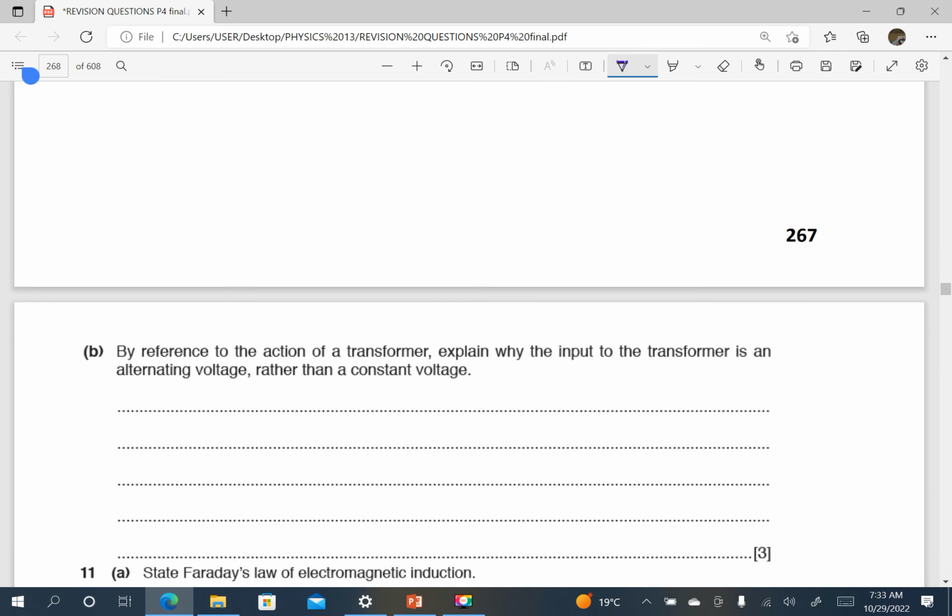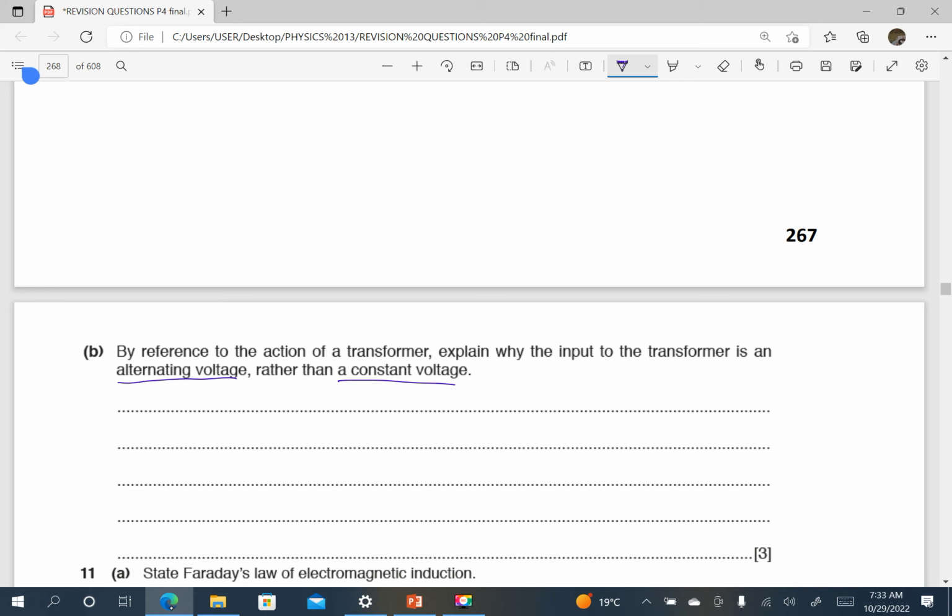By reference to the action of a transformer, explain why the input of the transformer is an alternating rather than a constant voltage. We have seen a similar question like this. Why do we use alternating rather than direct? Alternating current gives rise to a changing magnetic flux in the core, and the changing flux links the secondary coil. An EMF is induced in the secondary coil only when the flux is changing, according to Faraday's law.